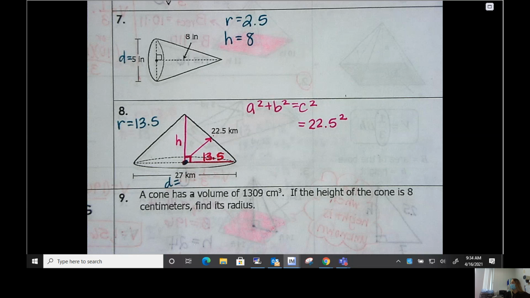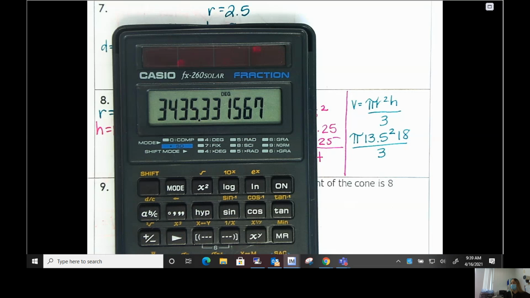Okay, okay. What number did you get? Say it a little louder for me, Daniel. 254.5 kilometers. Try again. Anybody else? Is something different?